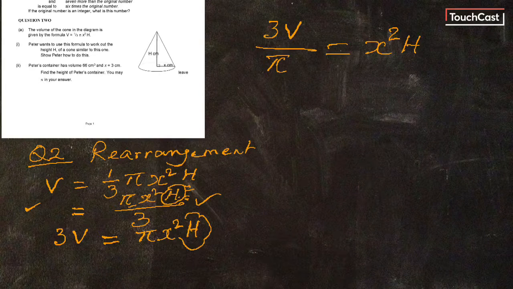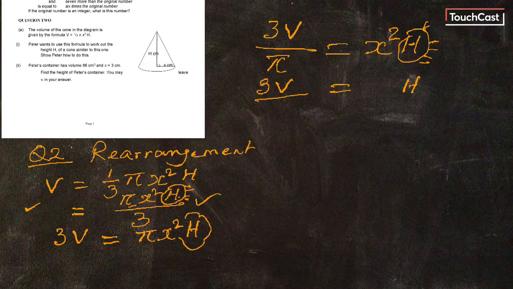Now, we do not want x squared times h. We simply want h, and that is anchored. Remember, this is fixed, right? So x squared times h, and so h will be equal to 3v, divide that by pi, and you got to divide that by x squared, right?